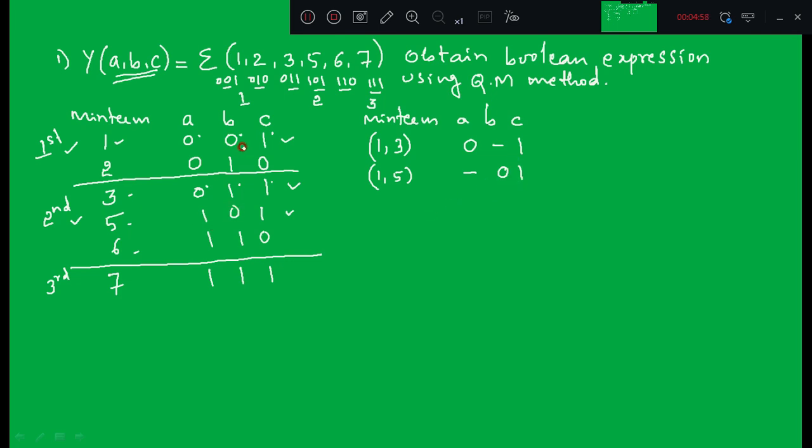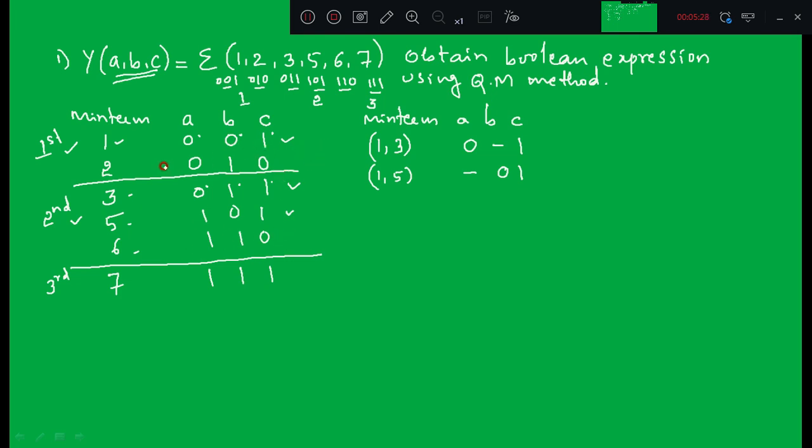Similarly, compare 1 and 6: C is 1, C is 0 here, B is 0, B is 1, and A is 0, A is 1 here. All three bits are different, so none of the bits are the same, and we cannot put a check mark beside this 6.